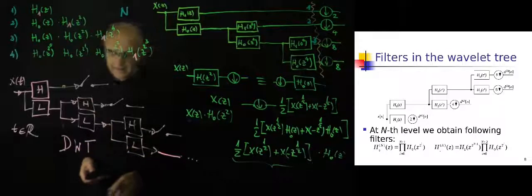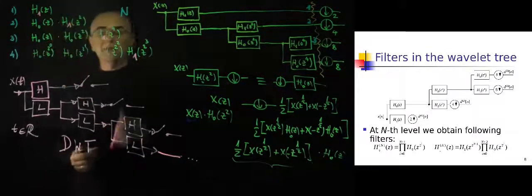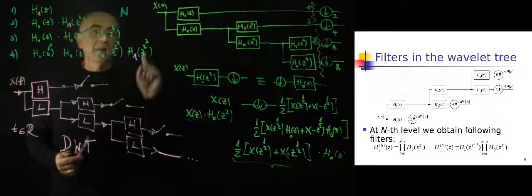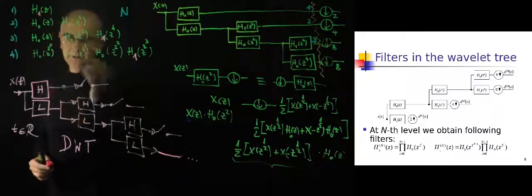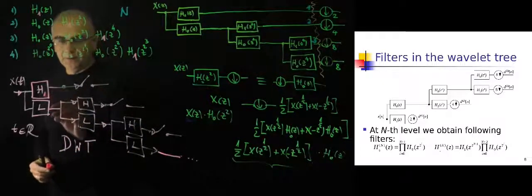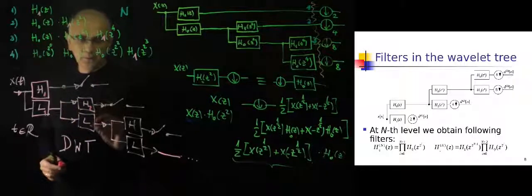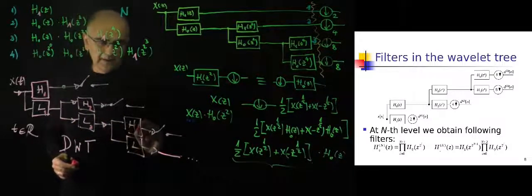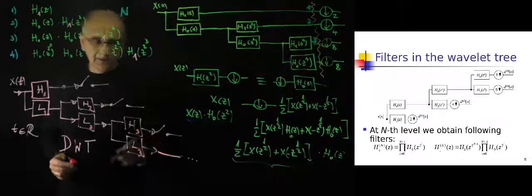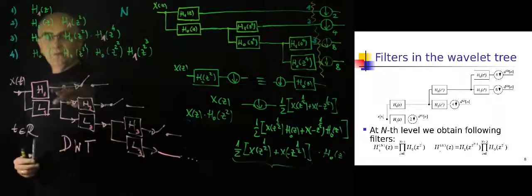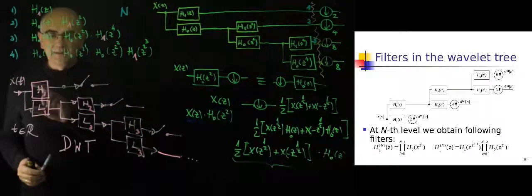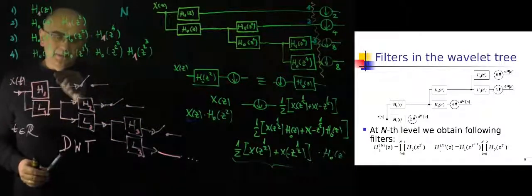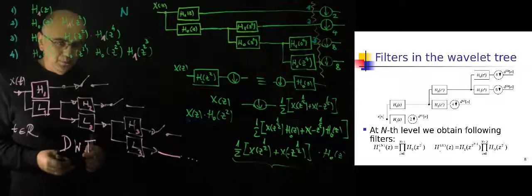Actually, we should have emphasized that these filters are not the same. So these filters were kind of H1, then H2, H3 and L3. So we started from two filters that split the frequency band in two.